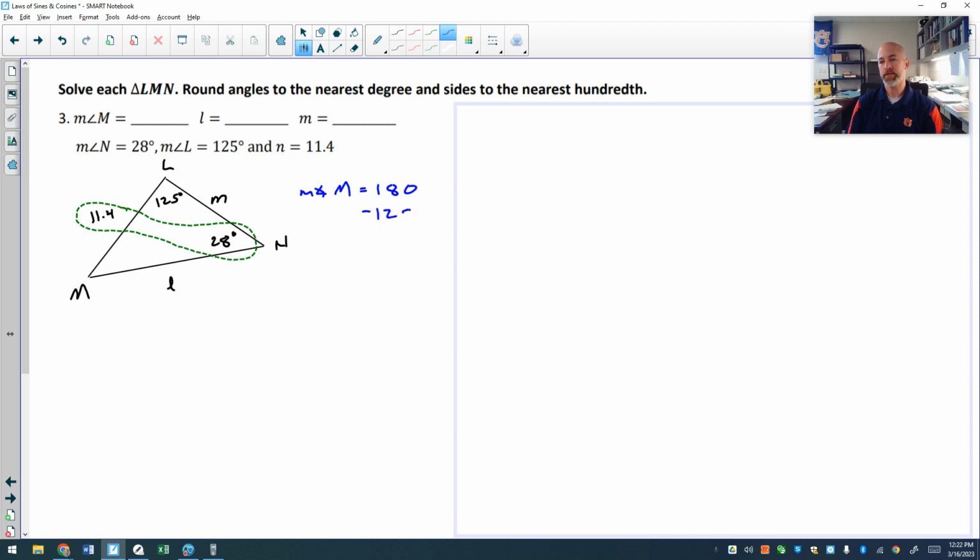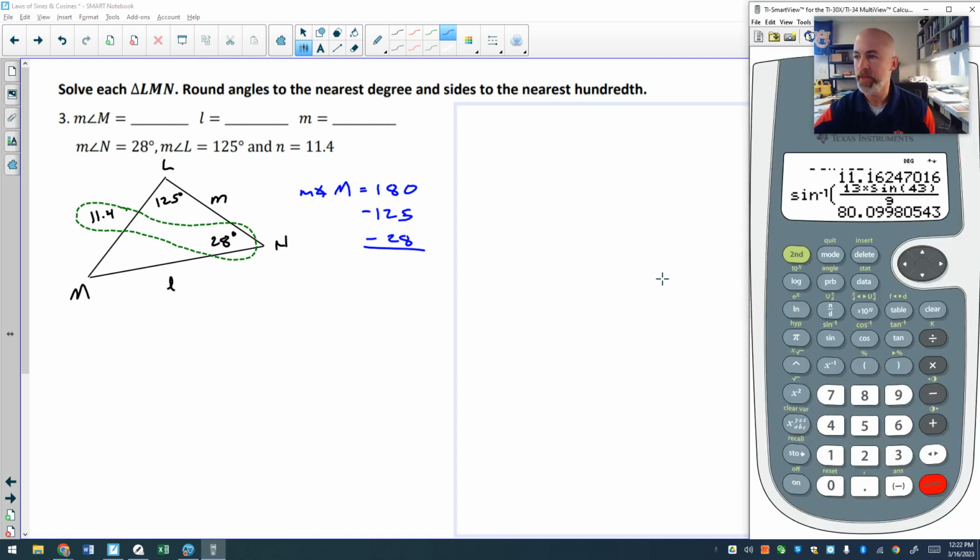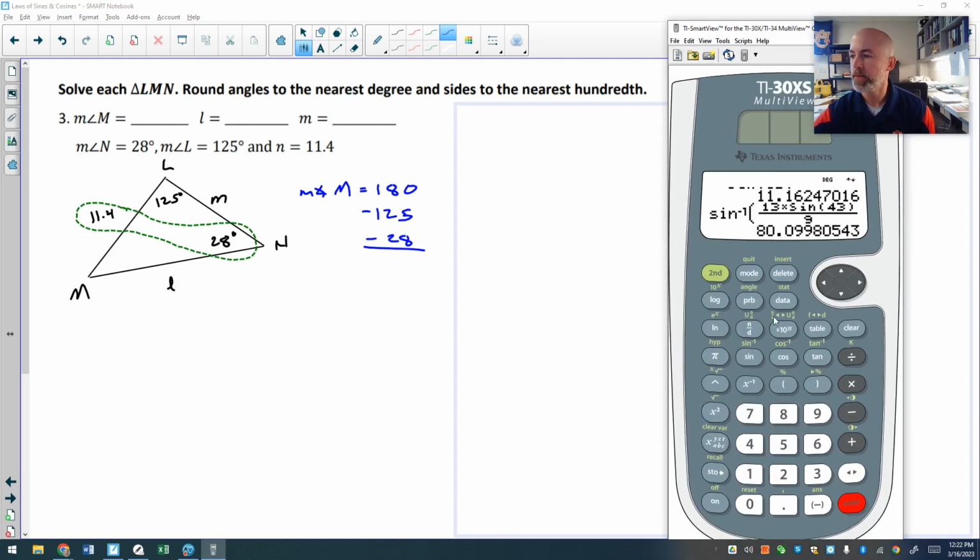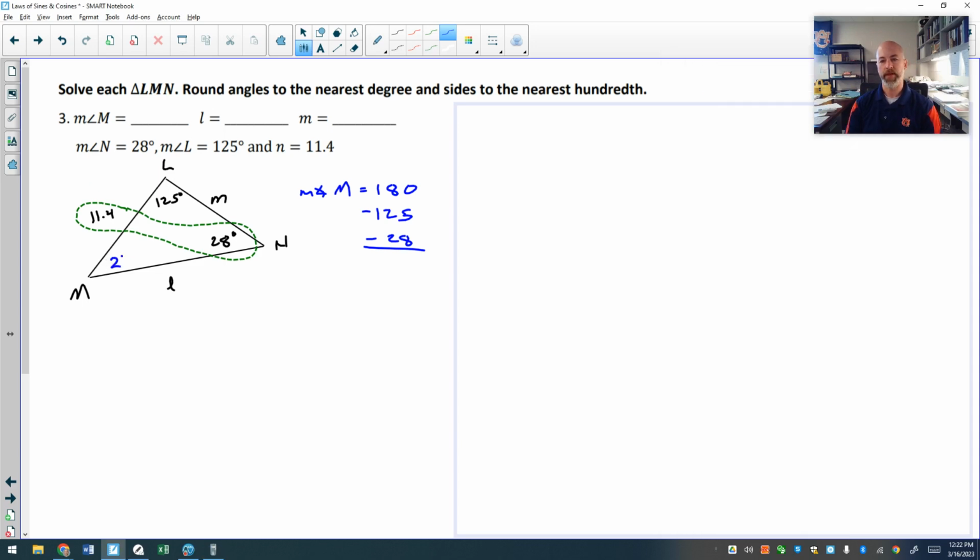I'm just going to subtract those 2 from 180 to find angle M. So let me do that really quick. So 180 minus 125 minus 28. And I'm getting an angle of 27 degrees for M. So I'll go ahead and put that in here. 27 degrees is angle M.